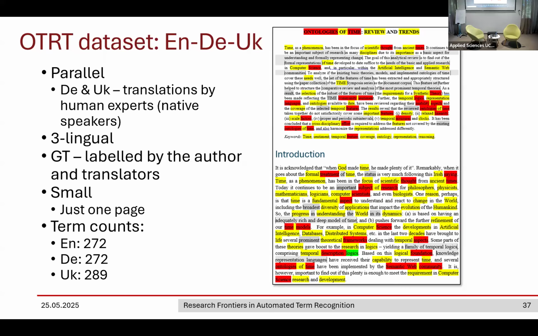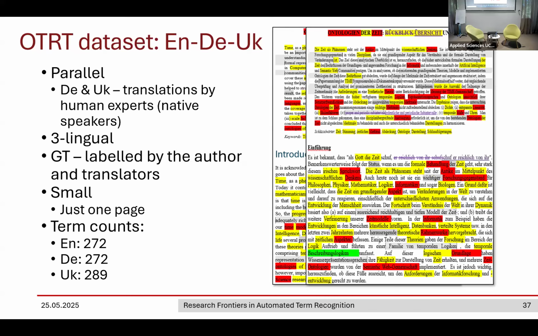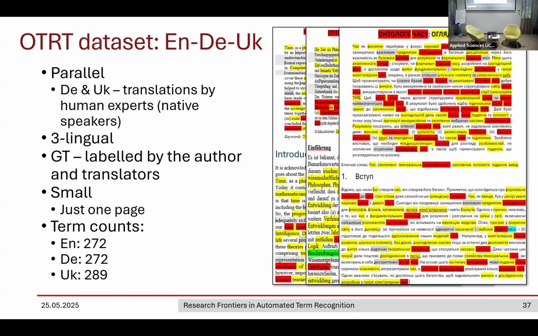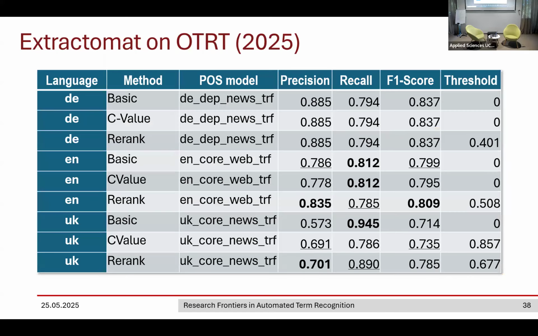So the data set is really parallel. This is the translation of the same paper, and the markup very much resembles what has been done in English. This is for German, and the same for Ukrainian. It took us some time to do this trilingual thing, but this was the reward.